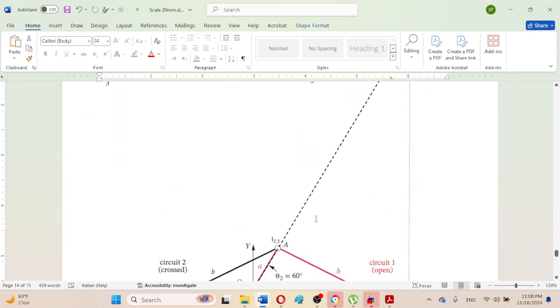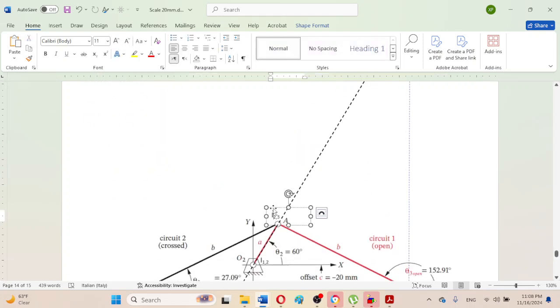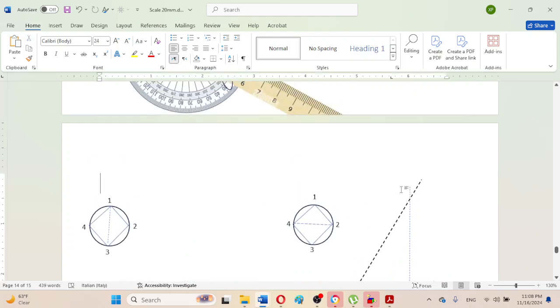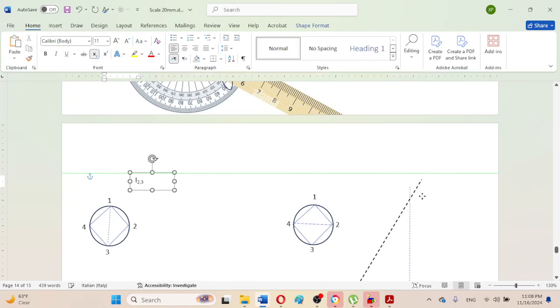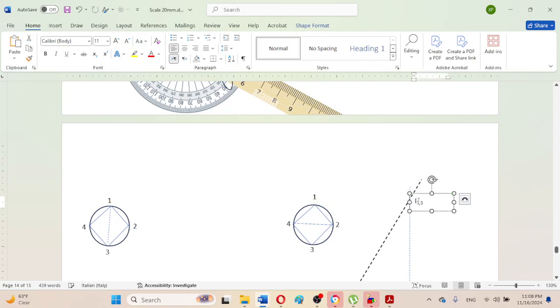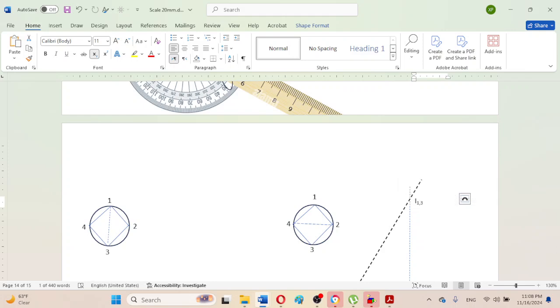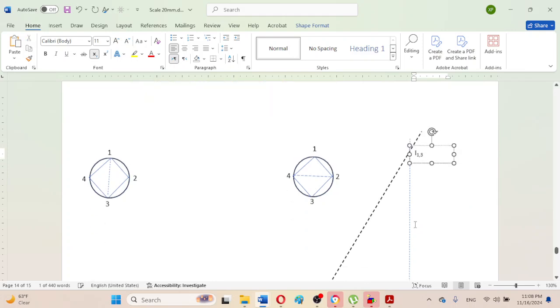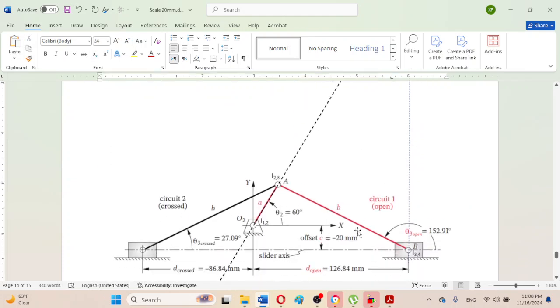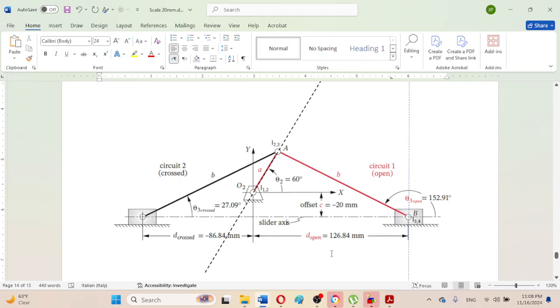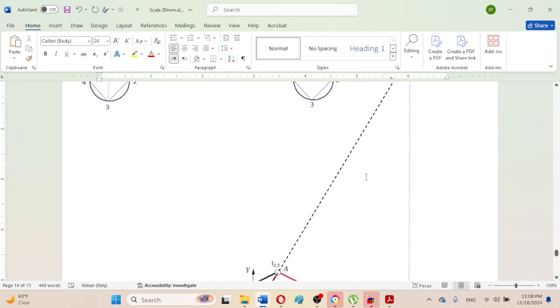So in this way, I can copy this label here. This is the instant center I1,3, meaning the instant center for link number 3 and link number 1, which is the grounded link.